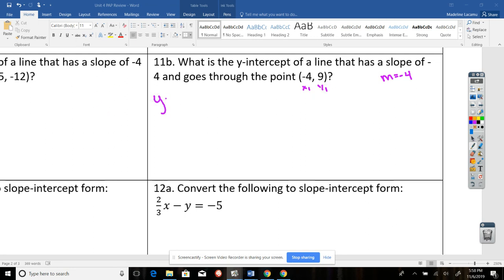So we're going to use y minus y1 equals m times x minus x1. Then we just plug everything in. So I have y minus, my y1 is 9, so minus 9 equals, our slope was a -4, then x minus, notice our x1 is a -4, so minus -4.